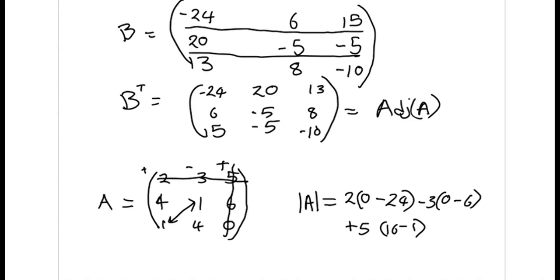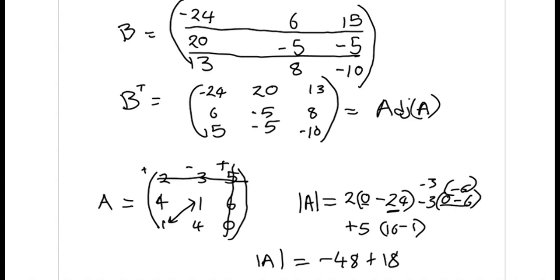So computing the determinant of matrix A, 0 minus 24 is minus 24, and 2 times minus 24 is minus 48. 0 minus 6 is minus 6, and minus 6 times minus 3 is positive 18.